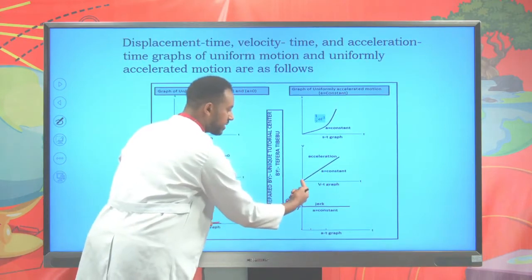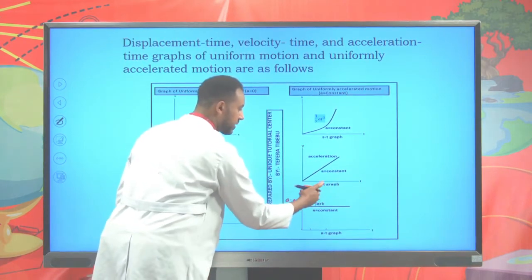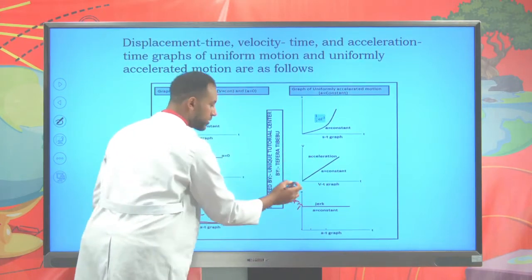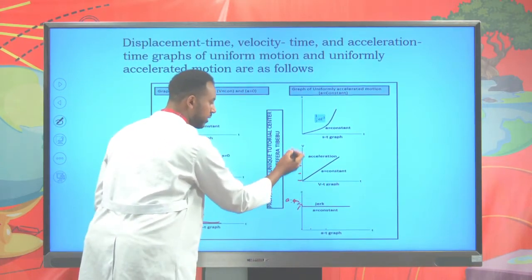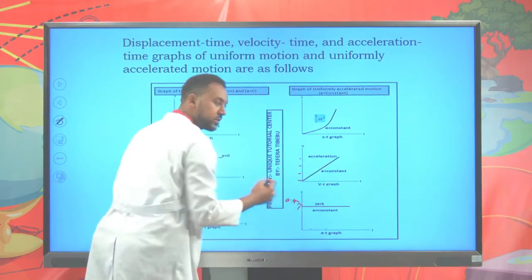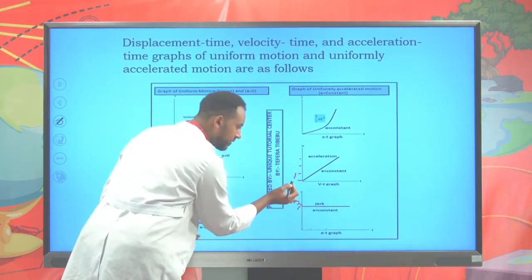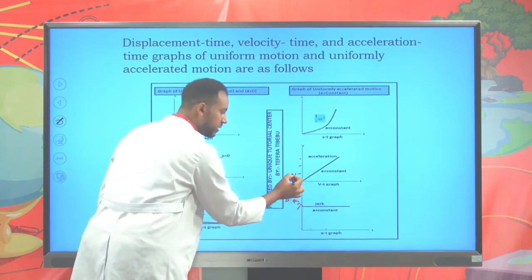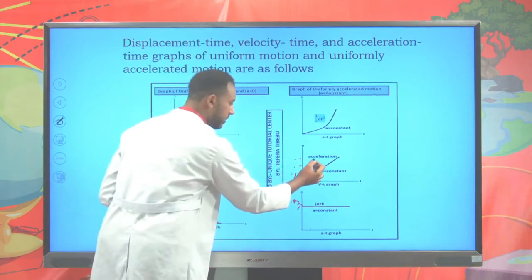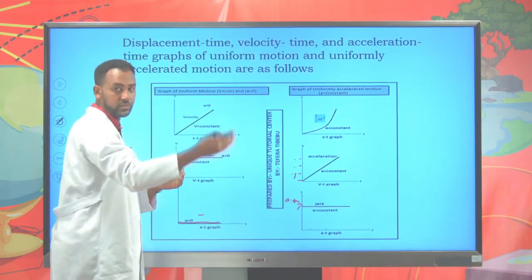When you come to the velocity-time graph, it shows that the velocity changes from 0 to 2, 3, 4, and the like. And the acceleration remains constant, meaning the change of velocity in every interval remains constant. The acceleration remains constant, but the velocity increases.